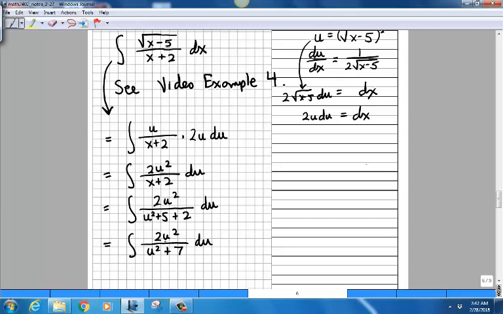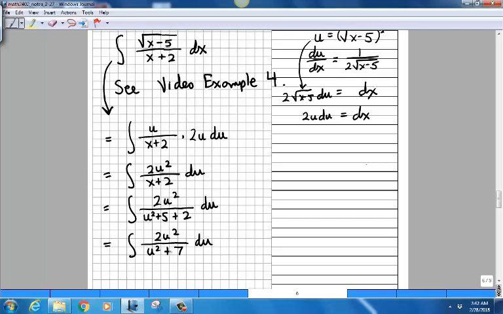So I'm still sort of scratching my head a little bit about what to do with this integral. It doesn't involve a square root, so maybe it's a little bit easier to deal with, but it's still not really clear at this point how to integrate 2u squared over u squared plus 7.